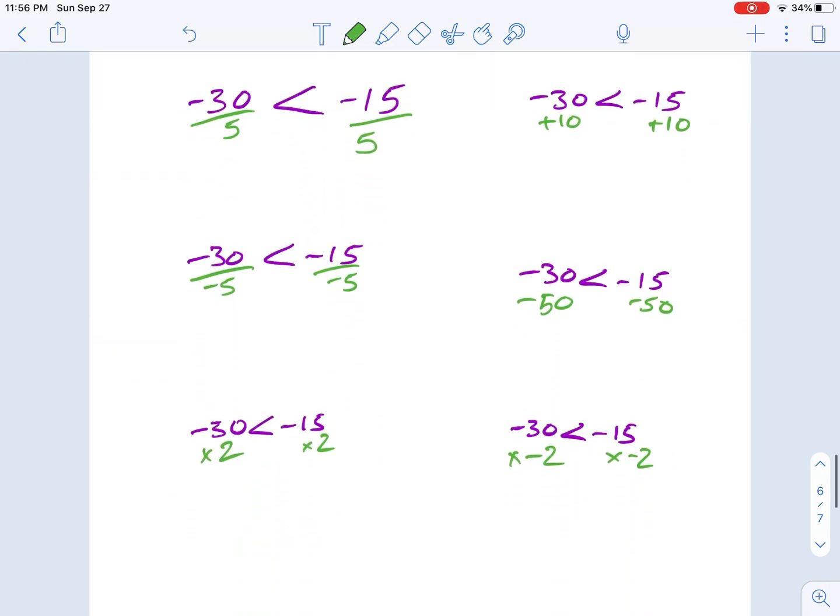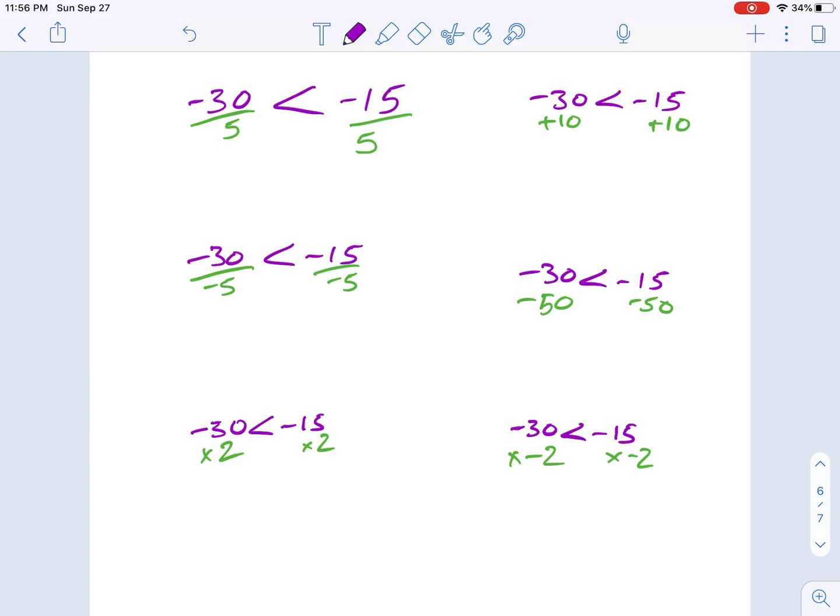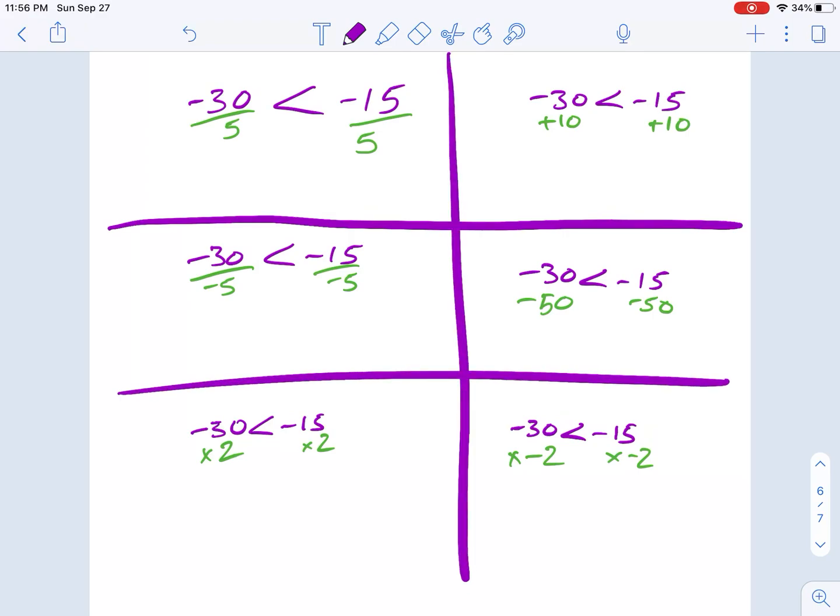Take all of these options right here. In the purple, I start with a negative 30 is less than negative 15. So in the purple, that's true. If I divide by a 5, I would get a negative 6 is less than a negative 3. Is that still true? Yes.